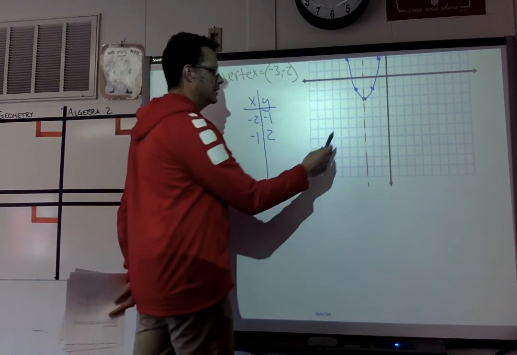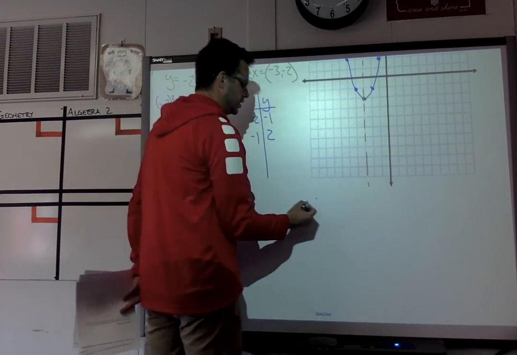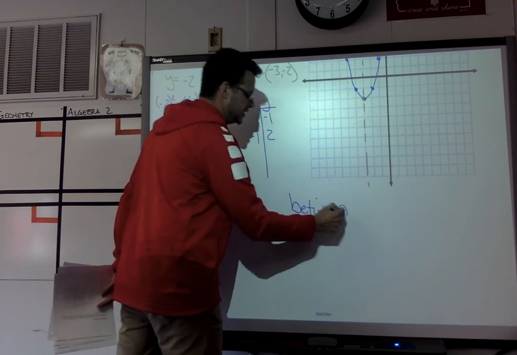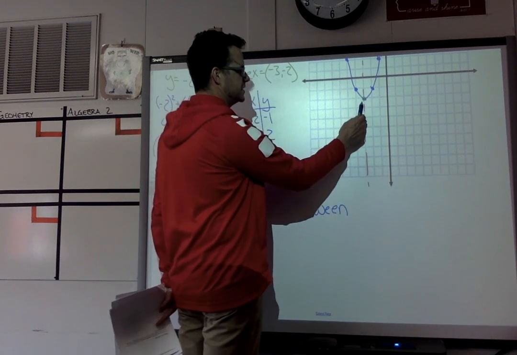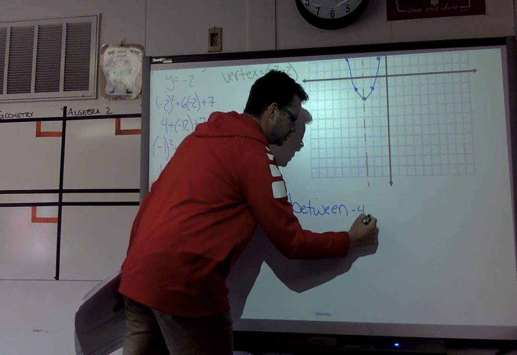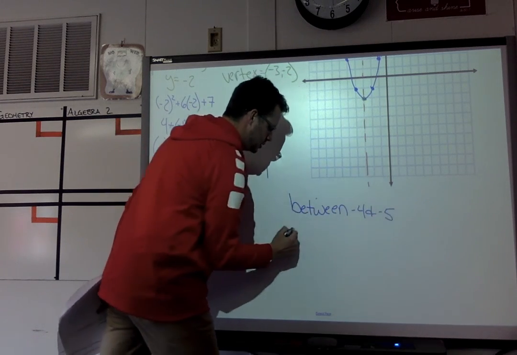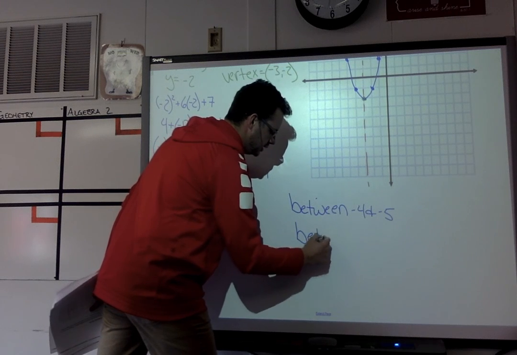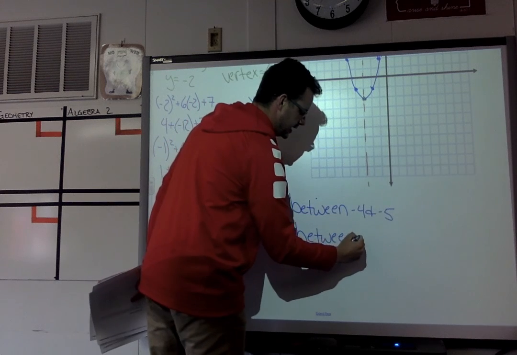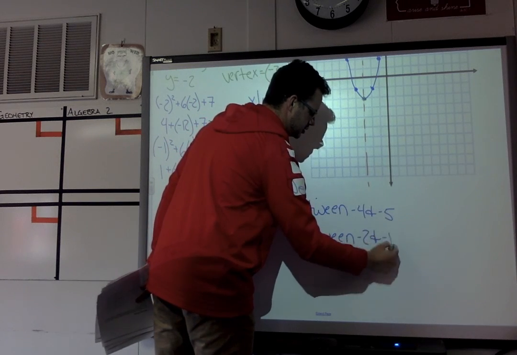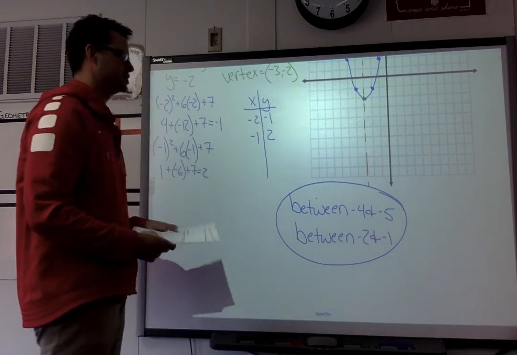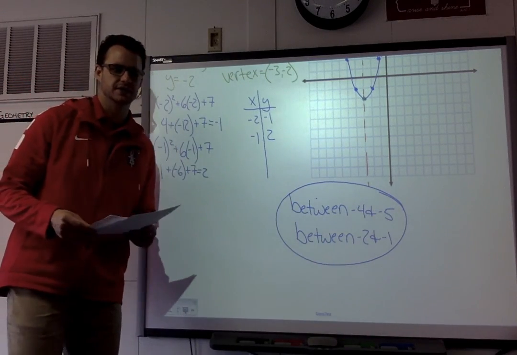So we would say that our solutions are between certain integers. So in this case, it would be between -4 and -5, and between -2 and -1. So that's just another special situation of how you can find the solutions there.